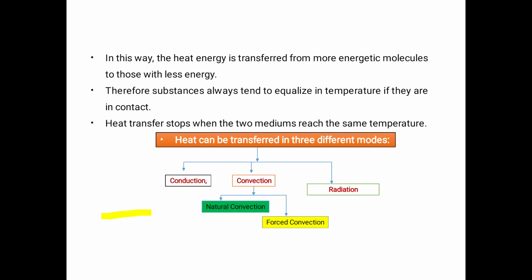The light that comes to the earth from the Sun is what is meant by radiation. In forced convection, mixing is utilized. In natural convection, no force is applied.